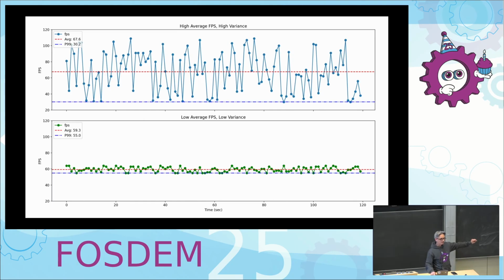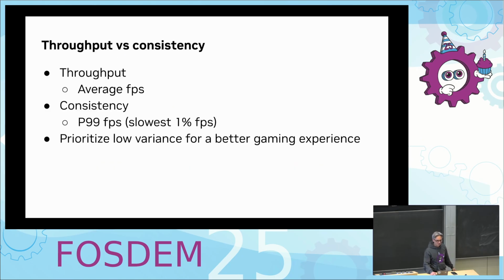Usually we call this the P99 latency or tail latency. That's also a nice measure to benchmark the gaming experience. The P99 latency means that you're measuring the smallest 1% of FPS across the entire run.